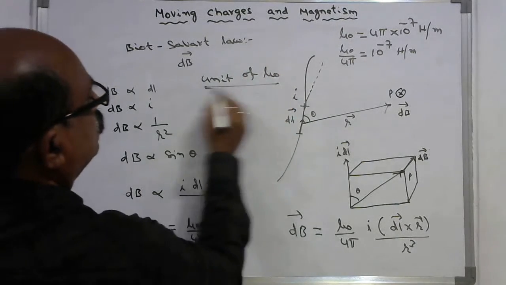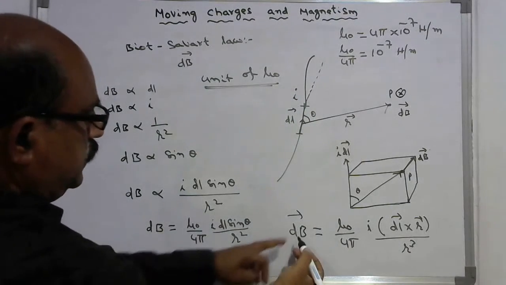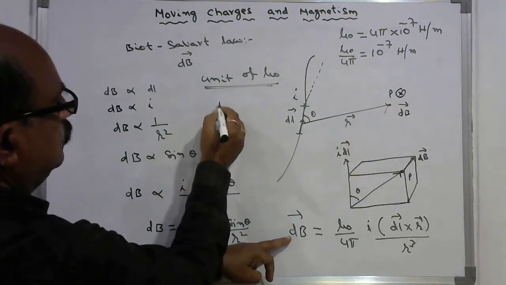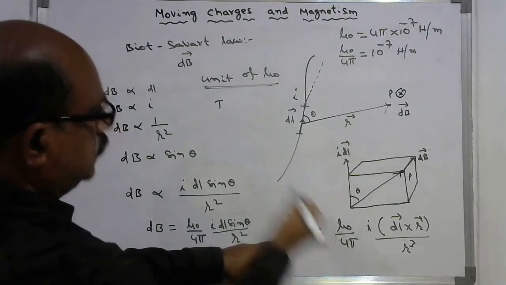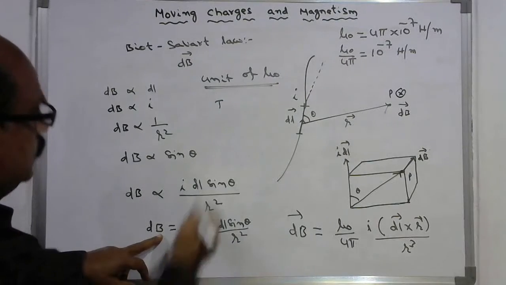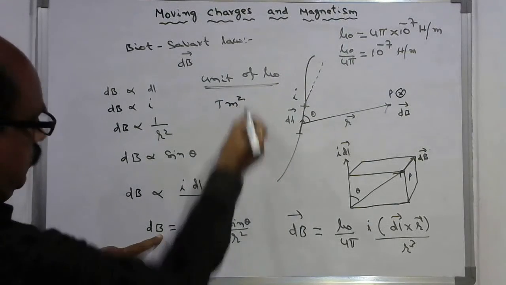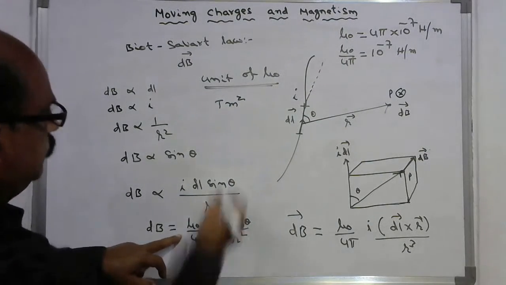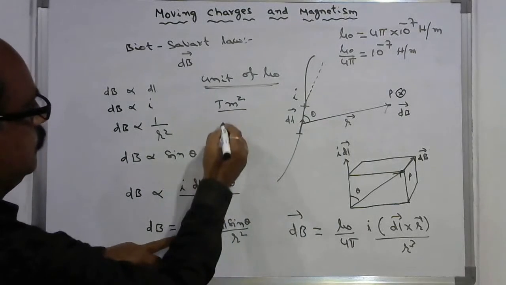Here dB is in Tesla, r cube, or you can write dB in Tesla, meter square by ampere meter.